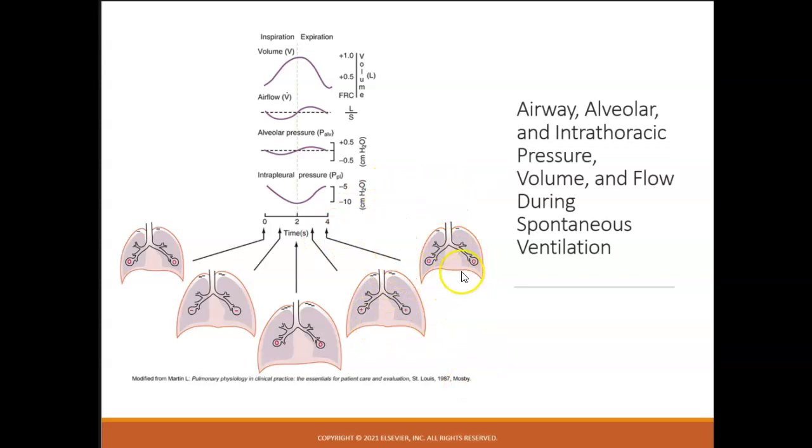That's going to continue to happen until you get that neutral state again, with the pressure inside the alveoli matching the pressure on the outside of the alveoli, or in the atmosphere, and you no longer have that pressure gradient.